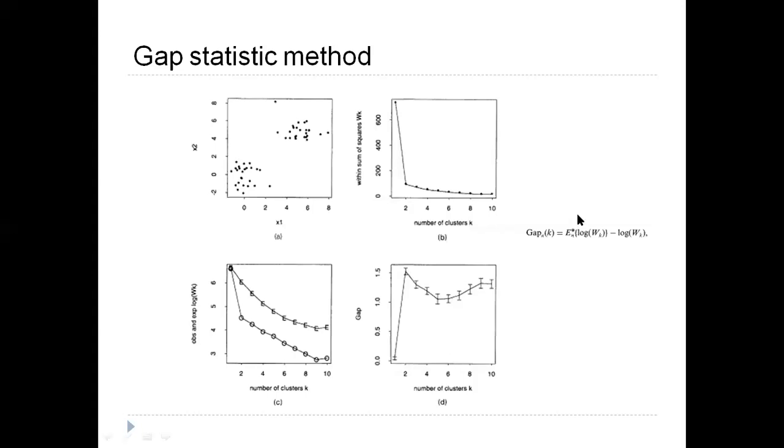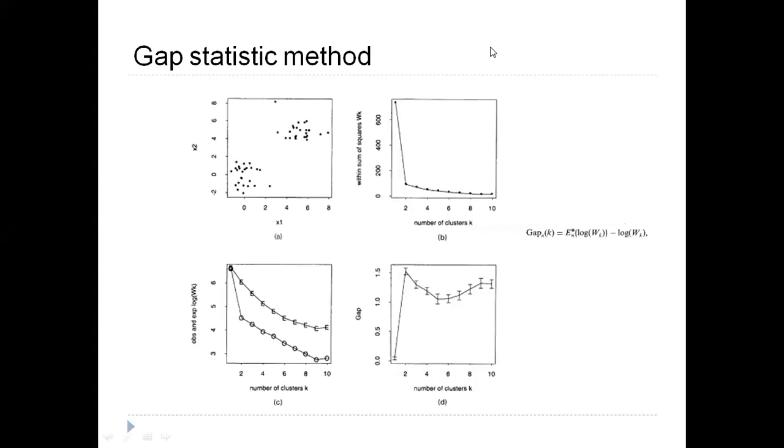So the formula is nothing but taking the logarithmic value of the sum of squares and subtracting the logarithmic value of the sum of squares of the usual right distribution. So log of Wk is for your data set, and this is the log values of your expected uniform distribution.